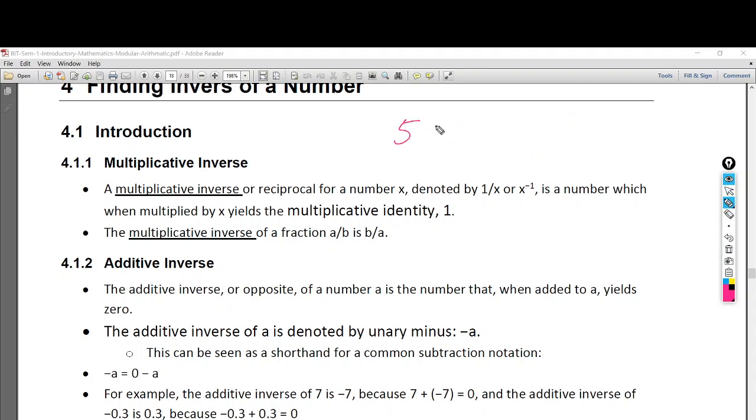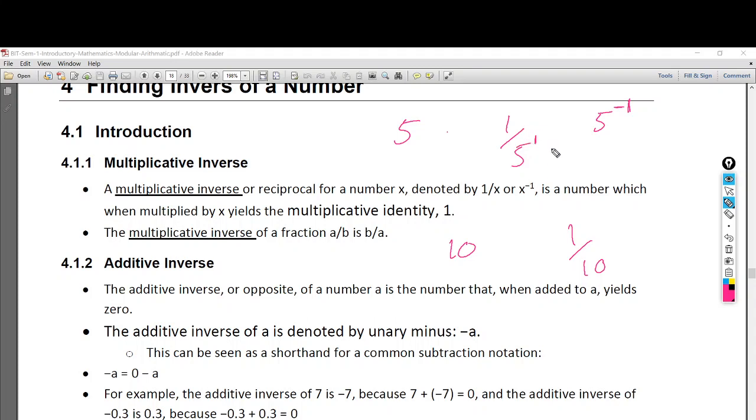If you take 5, the 5 inverse is called 1 over 5, right? If you take something like 10, the 10 inverse is 1 over 10, right? So that is inverse. That is why we write the inverse of 5 as 5 to the power minus 1, because 1 over 5 can be written that way.